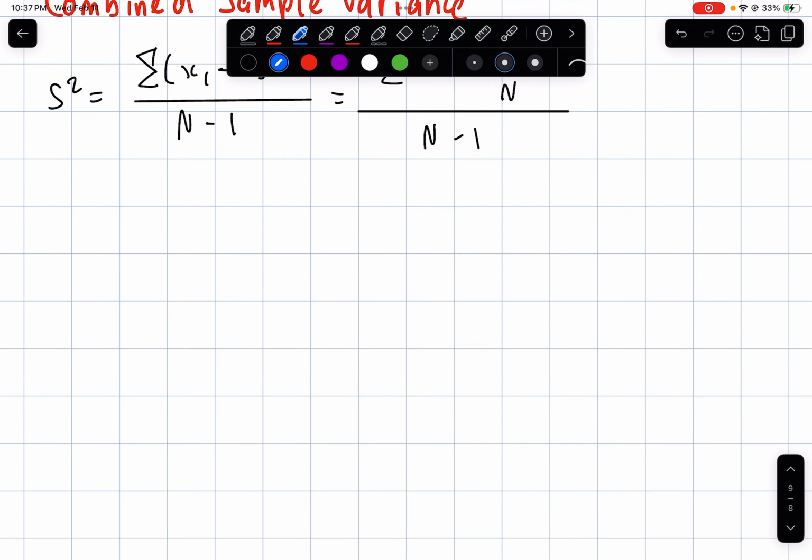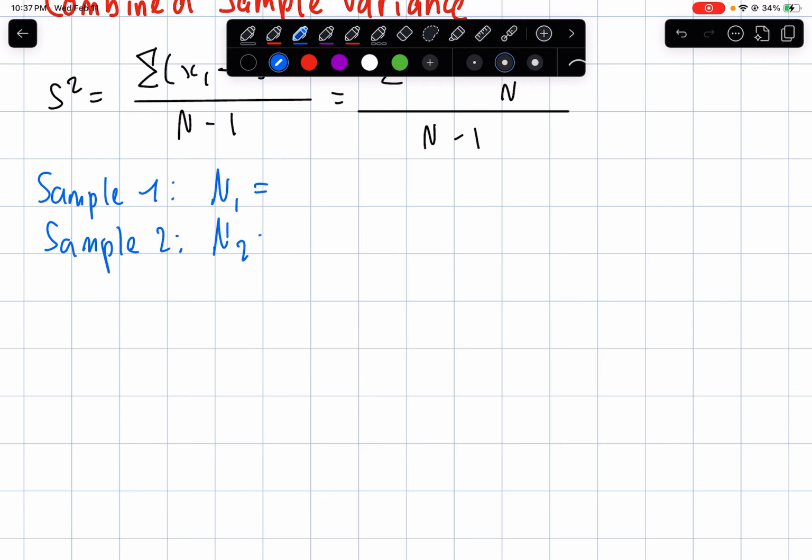So say we have sample 1 and sample 2. Usually they will give you a minimum of 3 pieces of information, which is all you need to solve this problem. First off, they'll give you the size of the data. Let's say for n1, sample 1, we have a size of 10, and for sample 2 it will be 8.